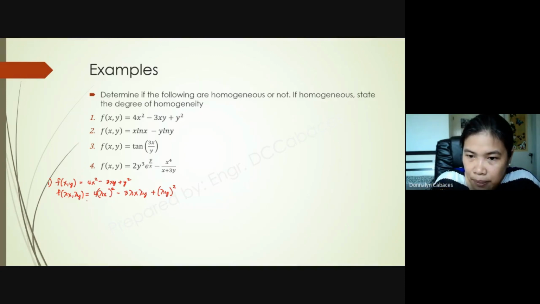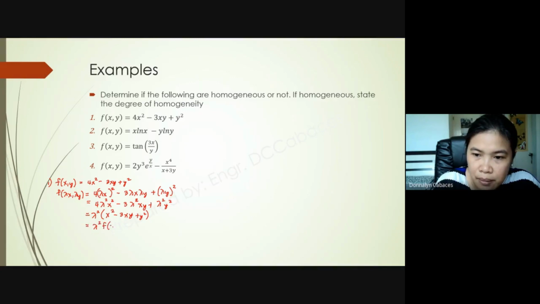And then, simplifying, this is 4 lambda square x squared minus 3 lambda times lambda is lambda squared xy plus lambda square y square. And all of the terms consist of lambda square. So we can factor out lambda square times x squared minus 3xy plus y squared. And this is simply equal to lambda square times the given function of x and y.